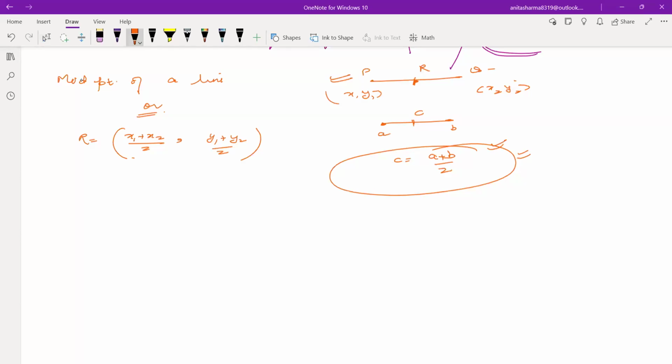Children, I am going to explain the section formula. Section formula is when line PQ is divided by any point R internally in the ratio m:n.